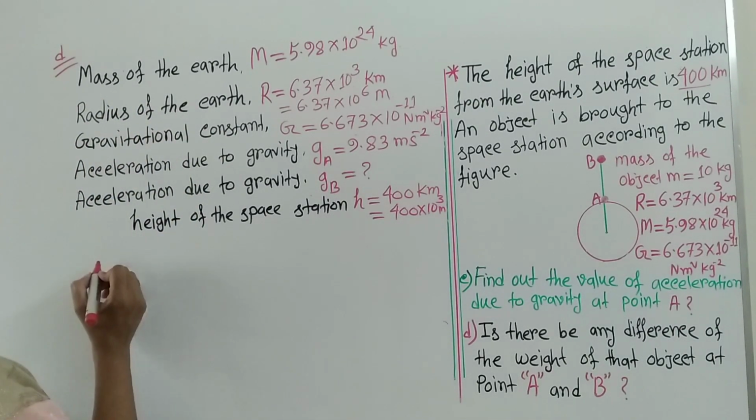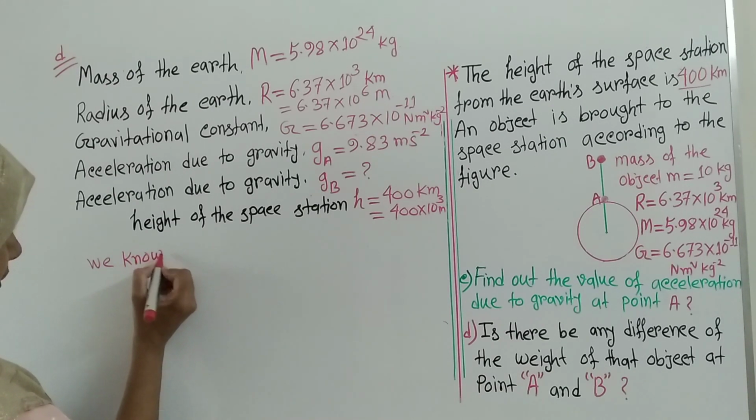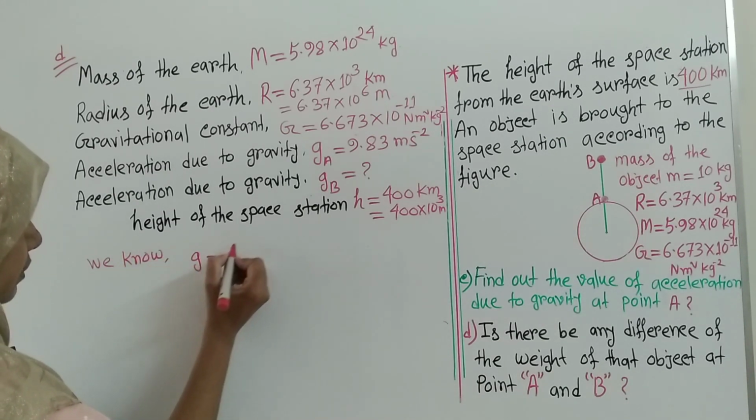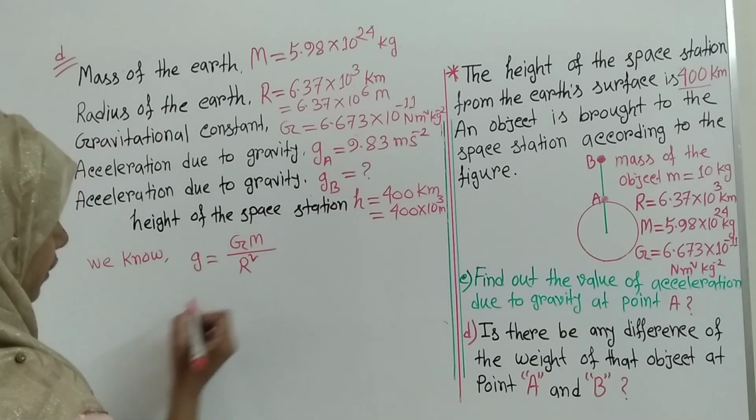So students, we know that g is equal to GM by r square.